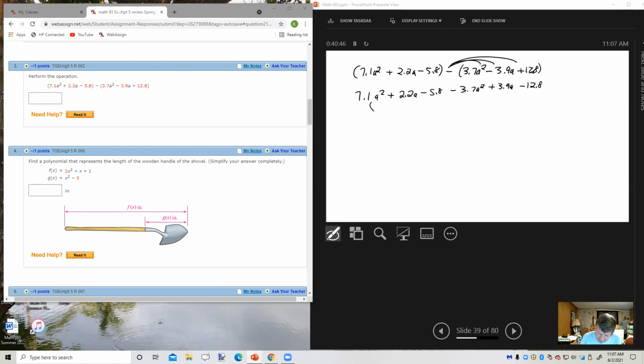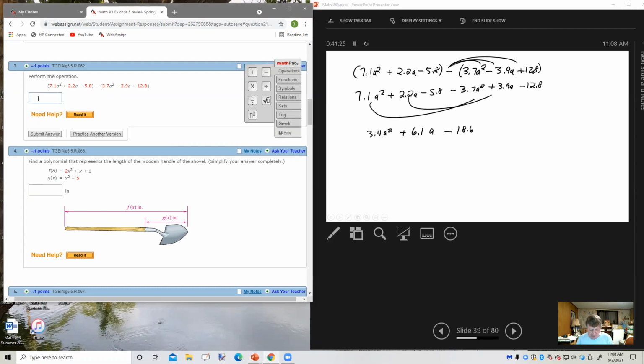But if you have a subtraction sign, you have to distribute that, which changes everything inside the parentheses. Okay, 7.1 minus 3.7 is 3.4a squared. 2.2a plus 3.9a is plus 6.1a. And negative 5.8 minus 12.8 is minus 18.6.